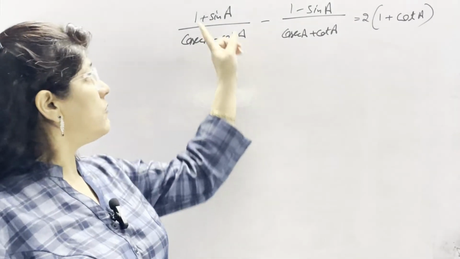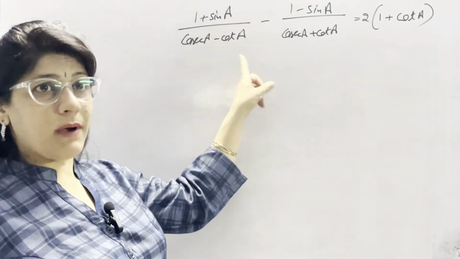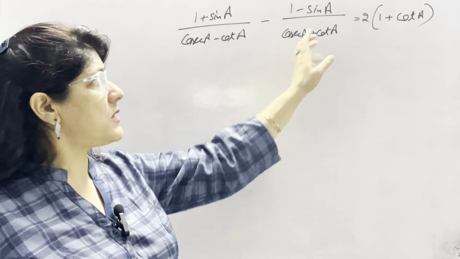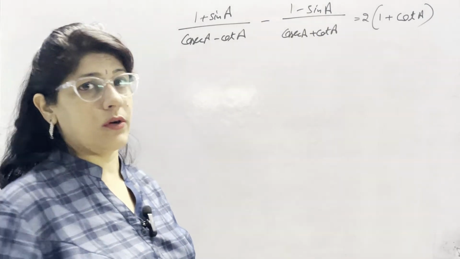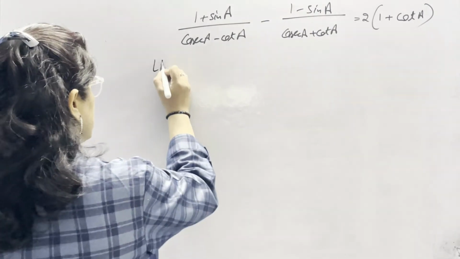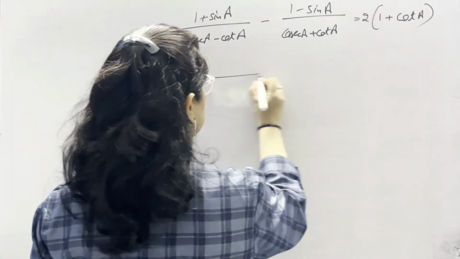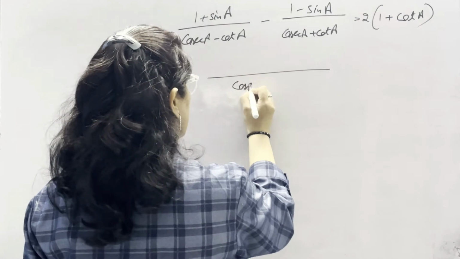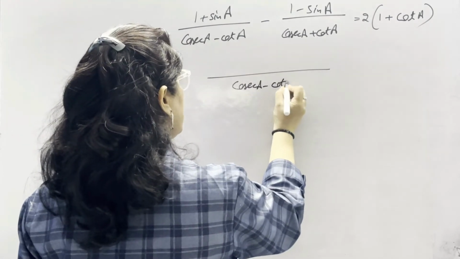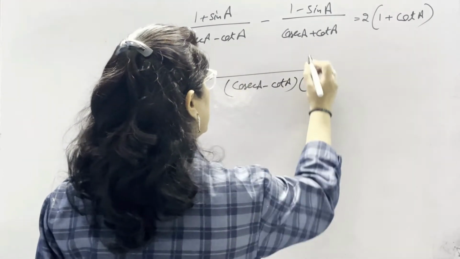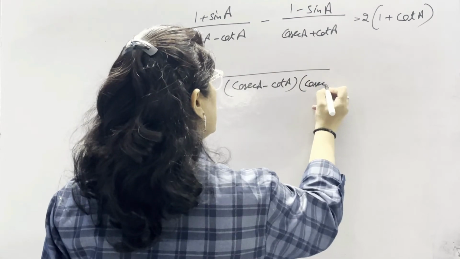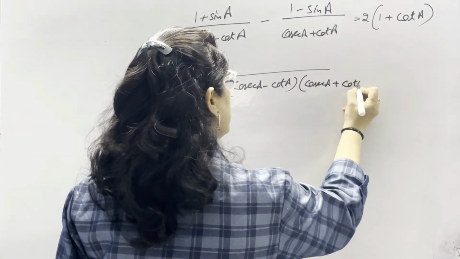In the next question, (1 plus sin a) upon (cosec a minus cot a) minus (1 minus sin a) upon (cosec a plus cot a). This is our LHS. So starting with it, we can take LCM here. So cosec a minus cot a, and then from the second term cosec a plus cot a.